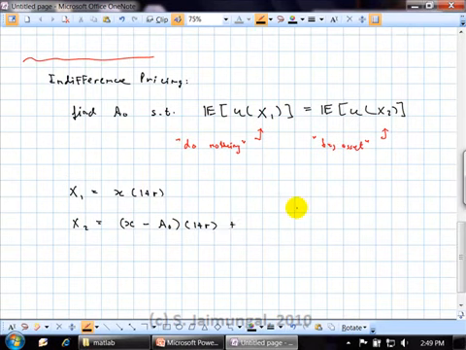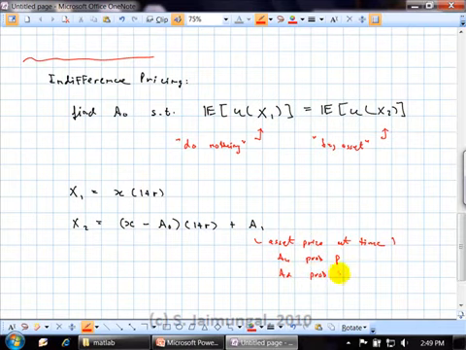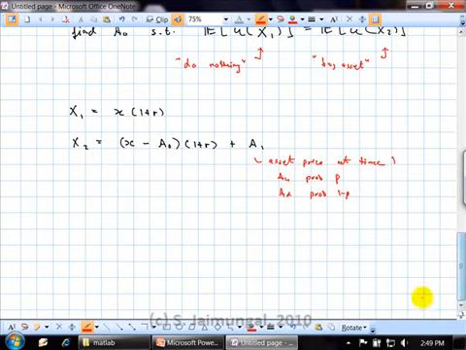Now, we can write this in a couple of different ways. I'm just going to write it for now as plus A1. A1 is our random variable that represents the asset's price at time 1. So it's AU with probability P and AD with probability 1 minus P.